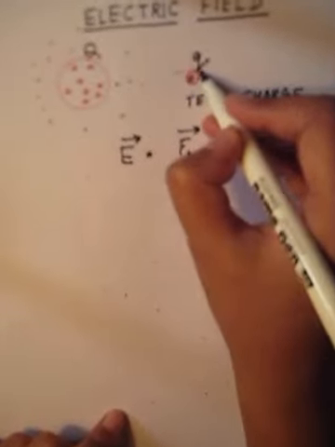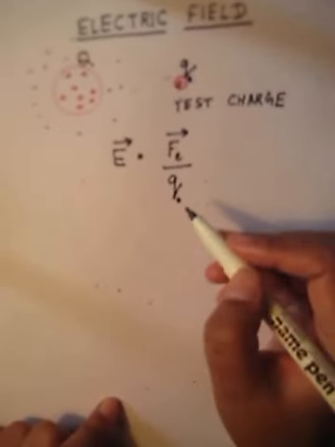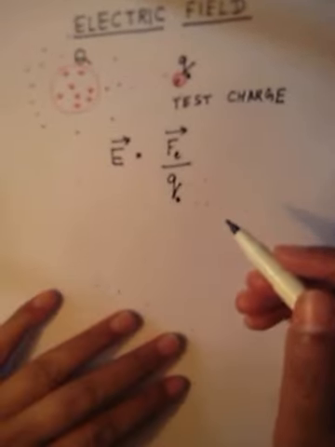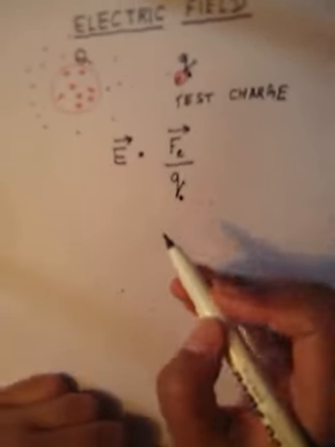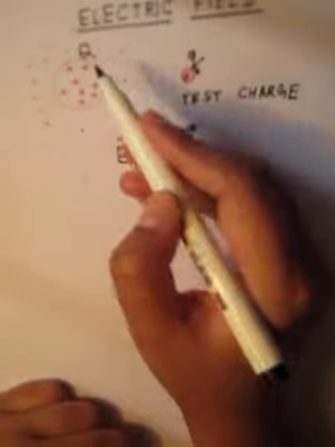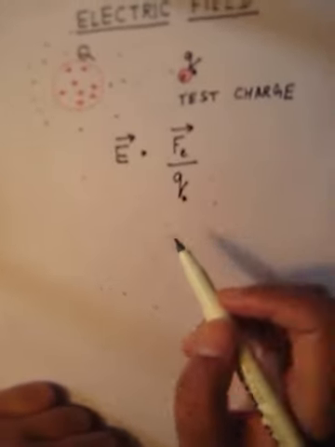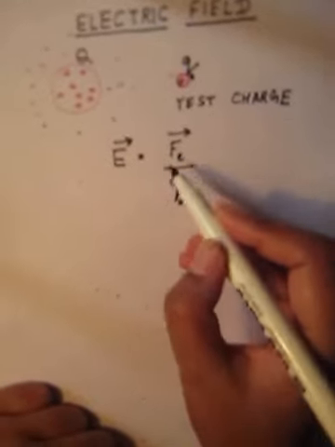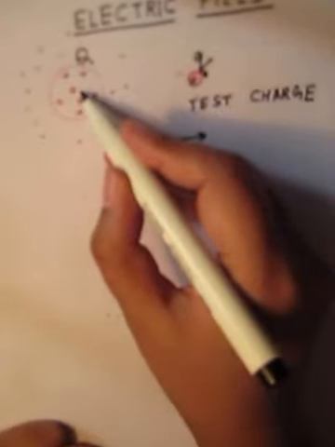This test charge is written with the subscript naught, so we write q naught. So this will be the electric field due to the charge capital Q. Now, as you know, it is electric force per unit charge. What will be the electric force due to these two charges?